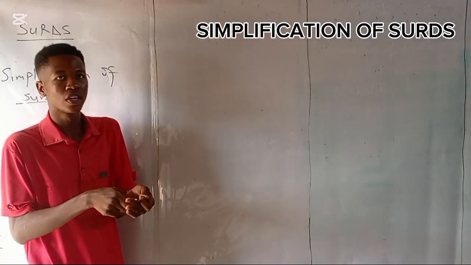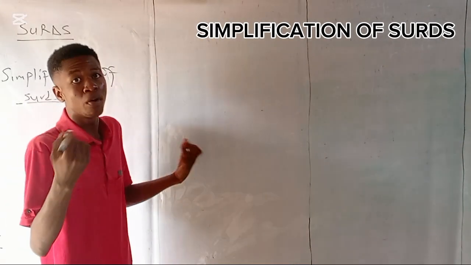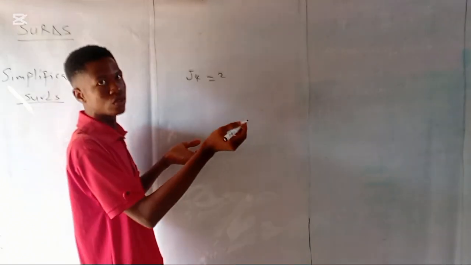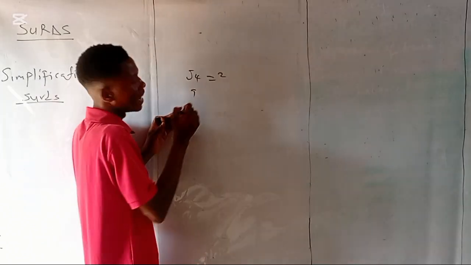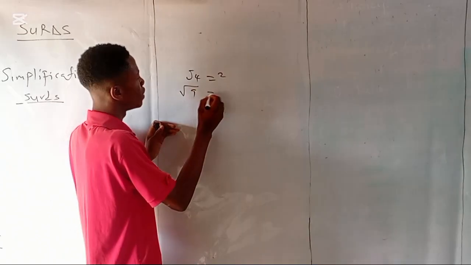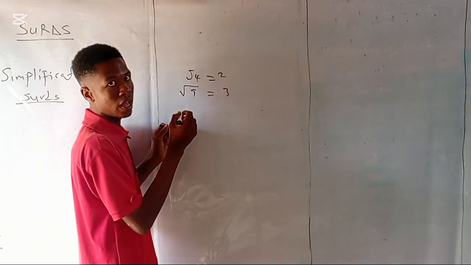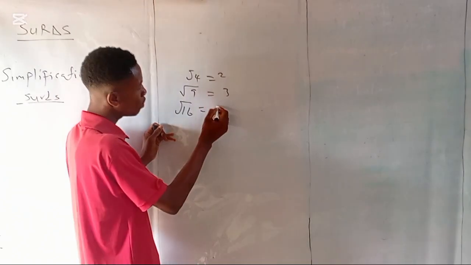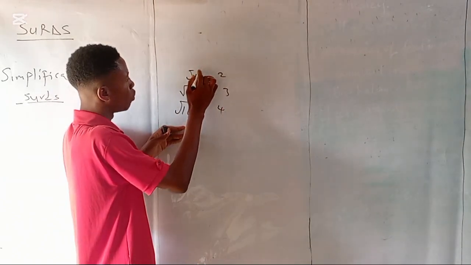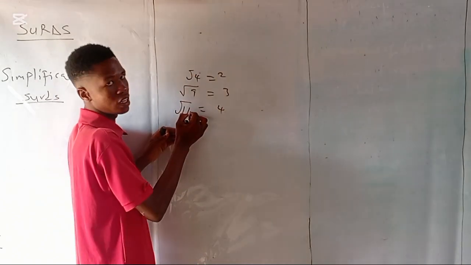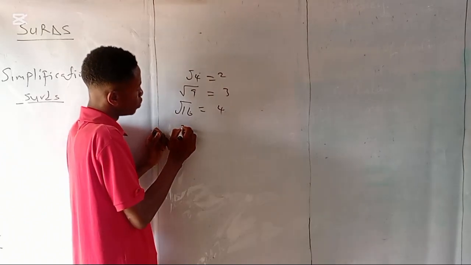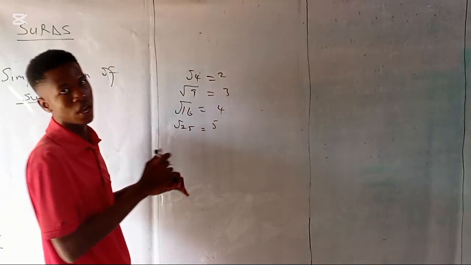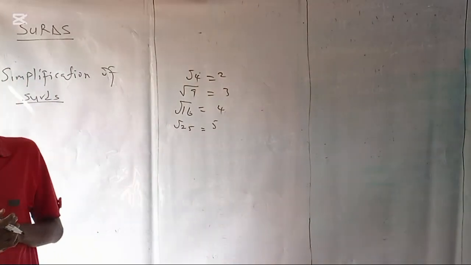Take for instance 4, because the square root of 4 is 2. Again 9: the square root of 9 is 3. Again 16: the square root of 16 is 4. And 25: the square root of 25 is 5. So these numbers are perfect squares.